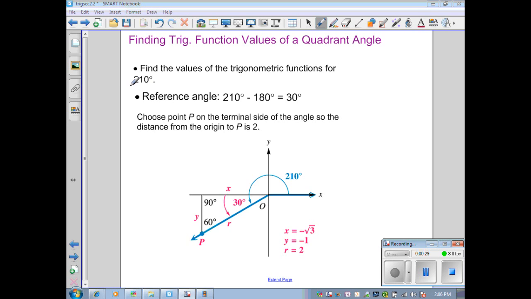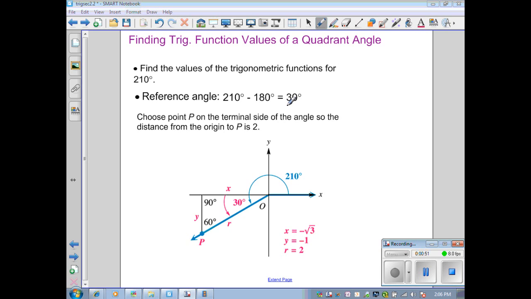Well, that means we need an acute angle, and we hope it turns out to be either 30, 60, or 45. Given a 210 degree angle, I can find the reference angle to be 210 minus 180, which gives me 30. Remember, on the previous slide anything in quadrant 2 was going to be theta minus 180, and that's exactly what we performed, which was 30 degrees.